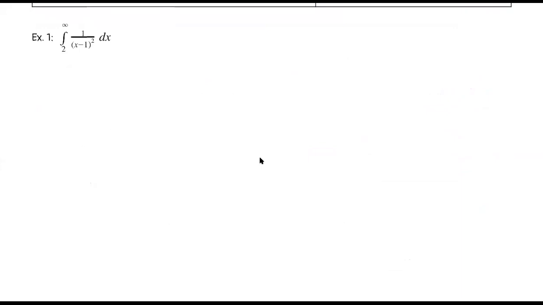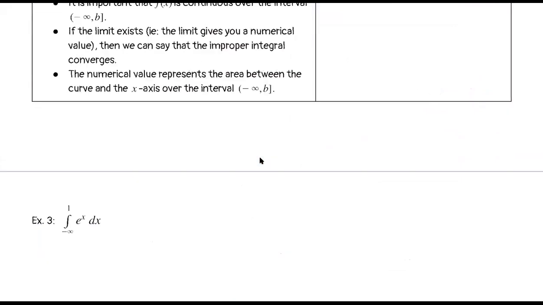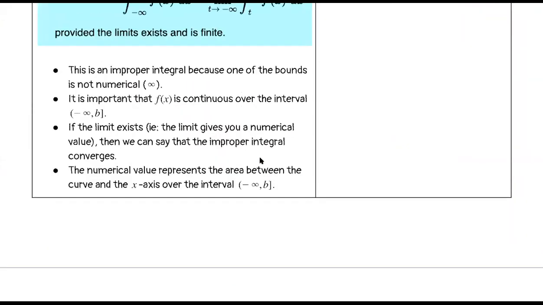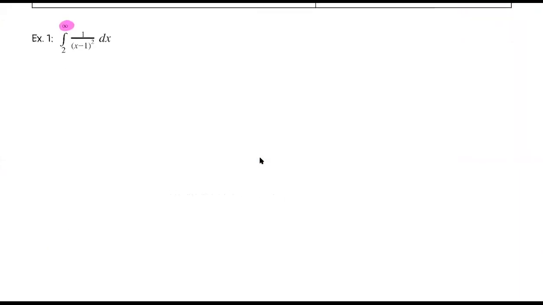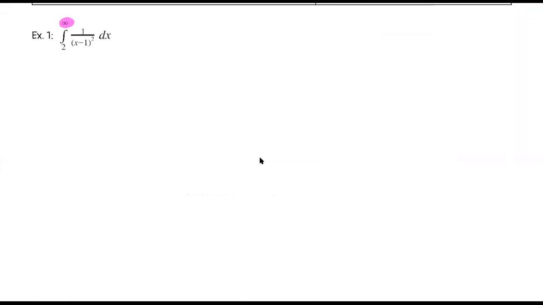I see the integral from 2 to infinity. Sorry, that infinity is on the top, so I know that it's going to be case number 1. And I have this function in the integral, 1 over x minus 1 squared.